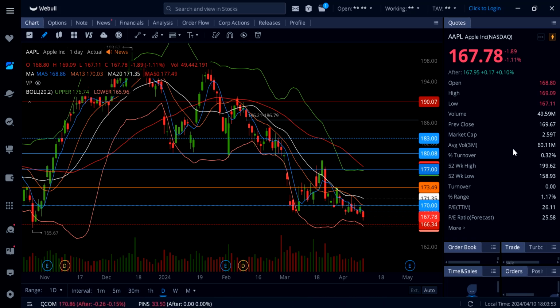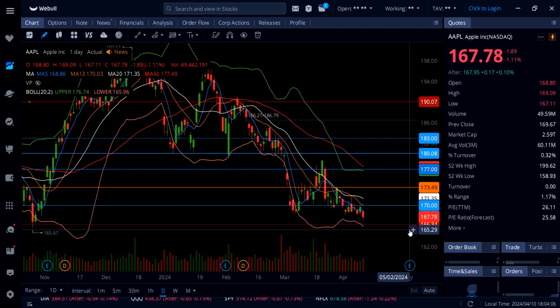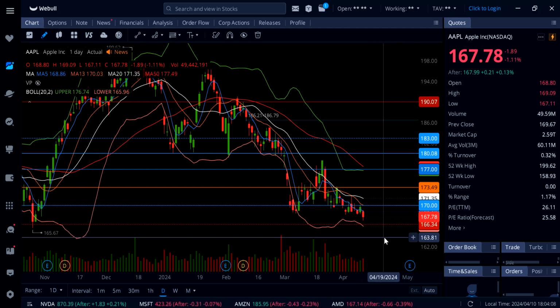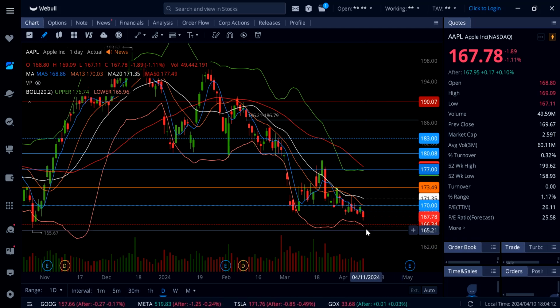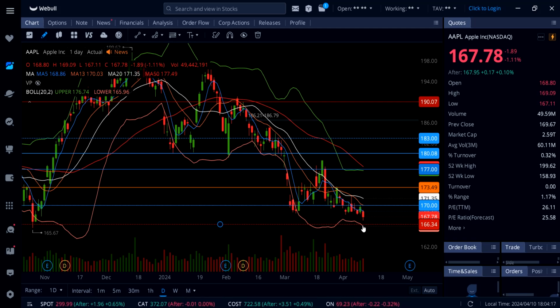We talked about it in my last video that Apple can come down all the way to 166, and it looks like it was almost there, guys. 167.11, now trading at 167.78, and it looks like it might be going there as early as tomorrow morning, 166 to 165, and that's going to be strong support on Apple stock.